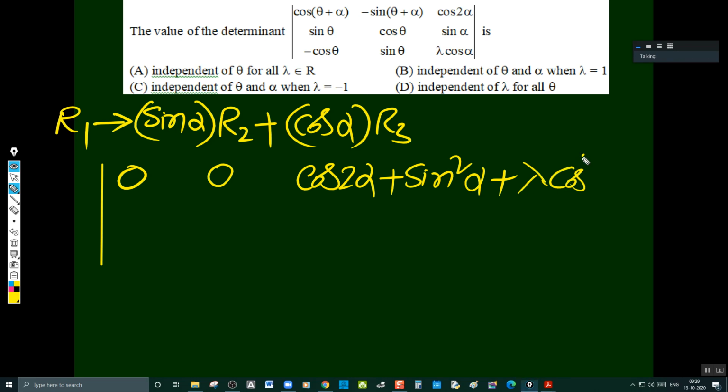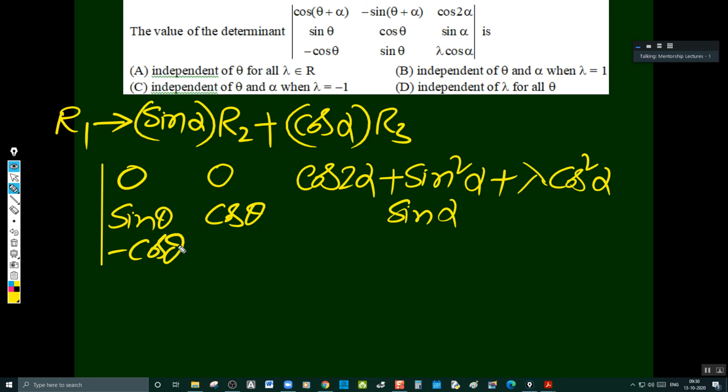Because we have got 2 zeros here, you need not disturb the other rows. It is done. Minus cos theta sin theta. Minus cos theta sin theta. And lambda cos alpha. So C comes, A and C. Let us check.